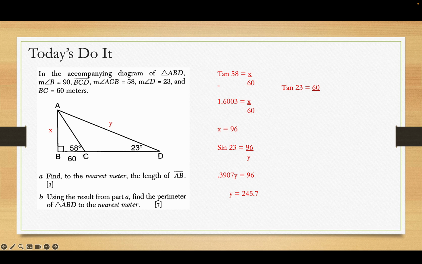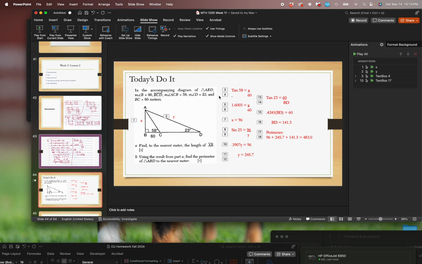And I put a 60 there. That's not good. I don't know why I put a 60 there. So I need to do tangent of 23, or I need to do 96 divided by tangent of 23. That's 226.16.